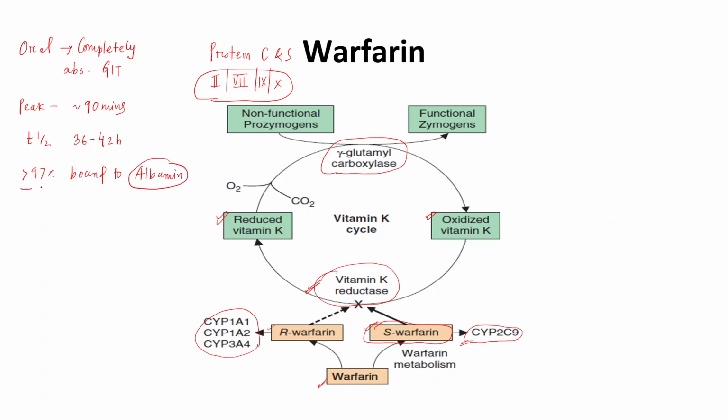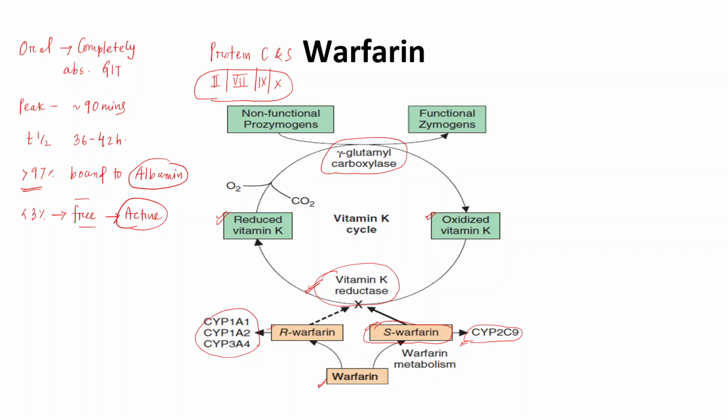That means less than 3% is in the free form, and these are the active form of warfarin. So more than 97% of warfarin is bound to albumin in the circulation, and only a minority is biologically active and present in the free form.